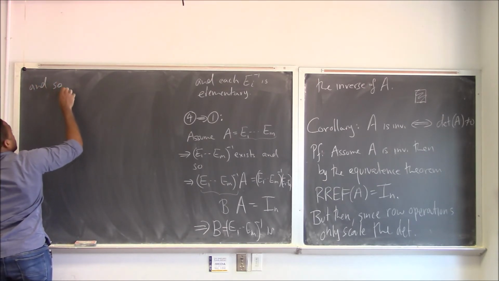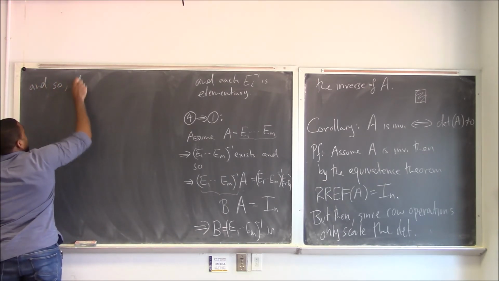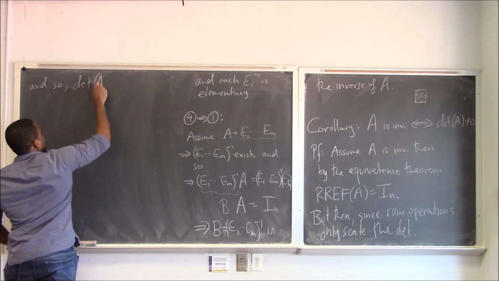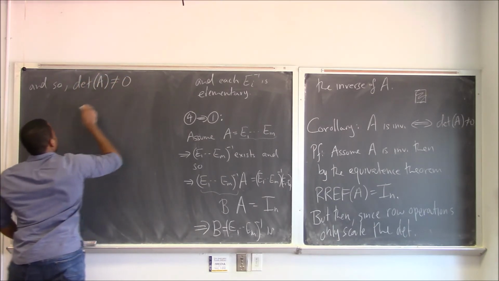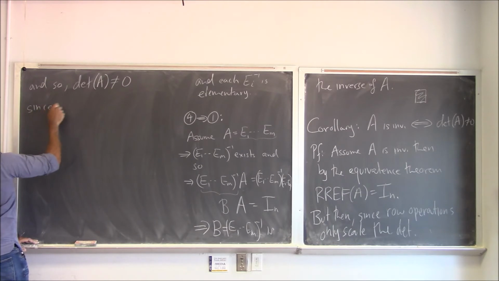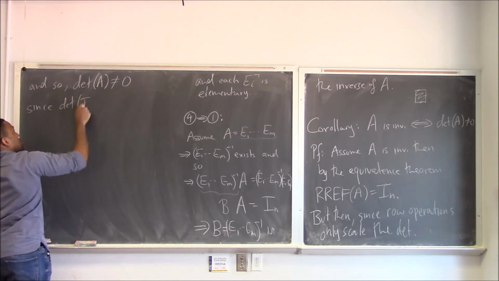And so the determinant of A must be not 0 since the determinant of I is not 0.